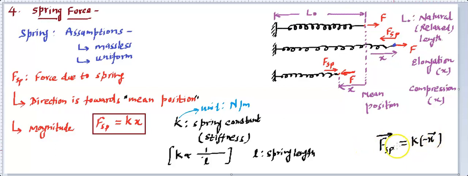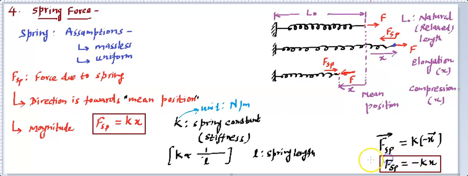Since we know this is linear, for linear cases you can remove the arrow. That also works, so you can write F equals minus kx. That means this equation carries both magnitude as well as direction. It says magnitude is going to be a positive number and direction is going to be opposite to the direction of x, because k is a scalar number, so direction comes because of x.